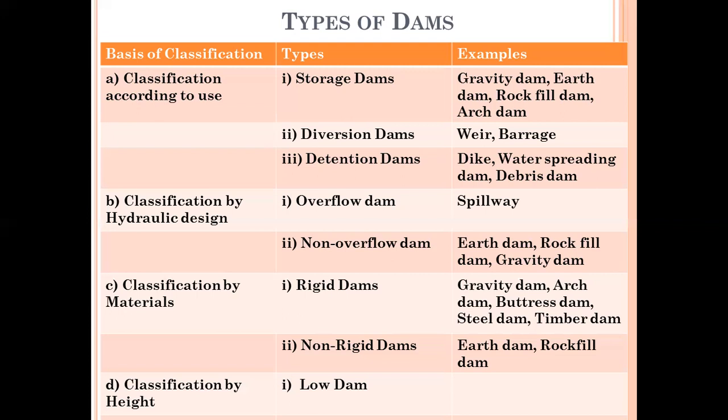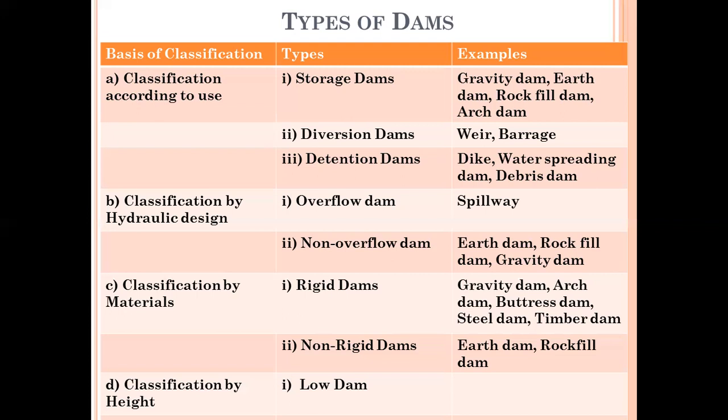Next, classification by materials. Materials are majorly divided into two types, rigid material and non-rigid material. If dams are constructed with rigid materials, then they are called rigid dams. Examples: gravity, arch, buttress, which are constructed with steel, concrete, like that.